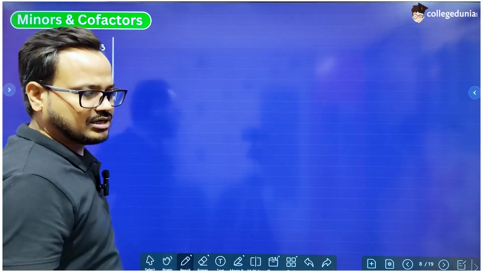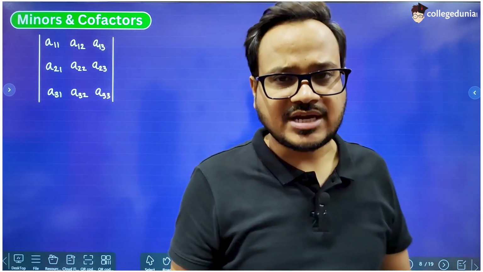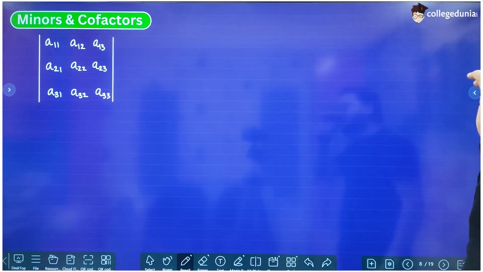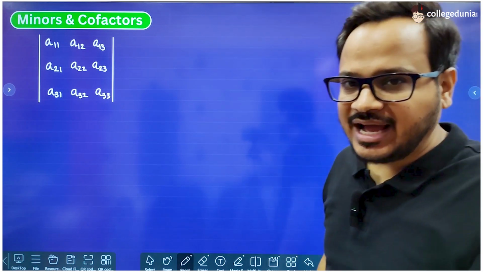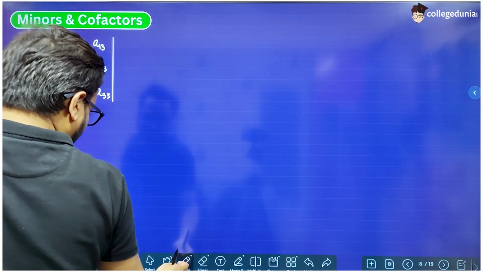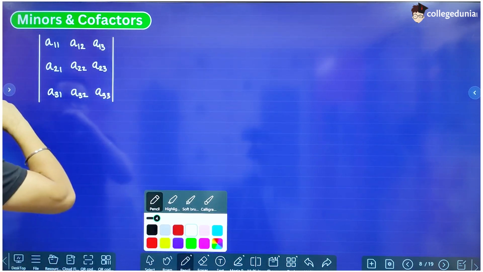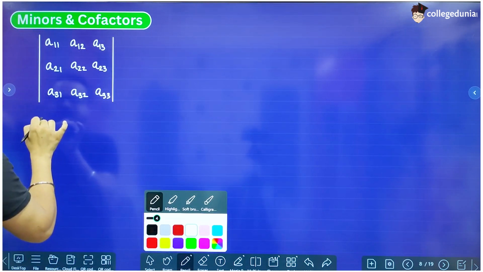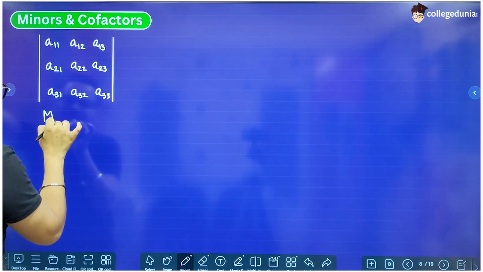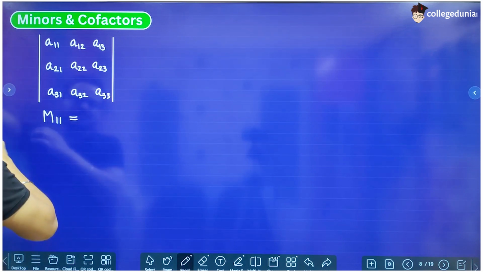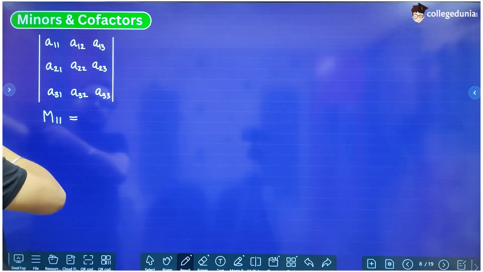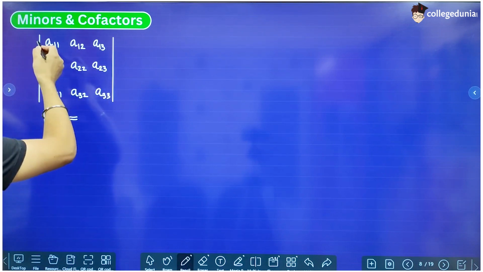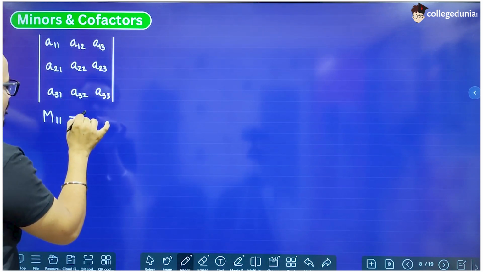It is a 3 by 3 determinant, so it has 9 elements. Every element has its own minor and its own cofactor. What is a minor? Suppose we have to find the minor of the first element. Minors are represented by capital M. So M11 is simply the determinant which is left after leaving the row and column of this element.